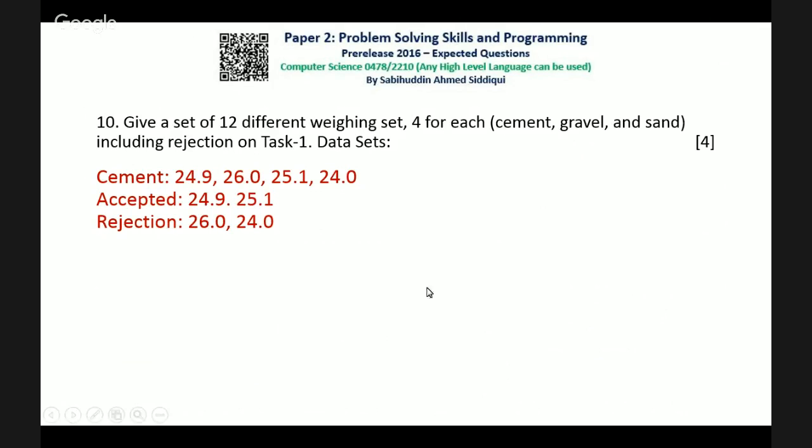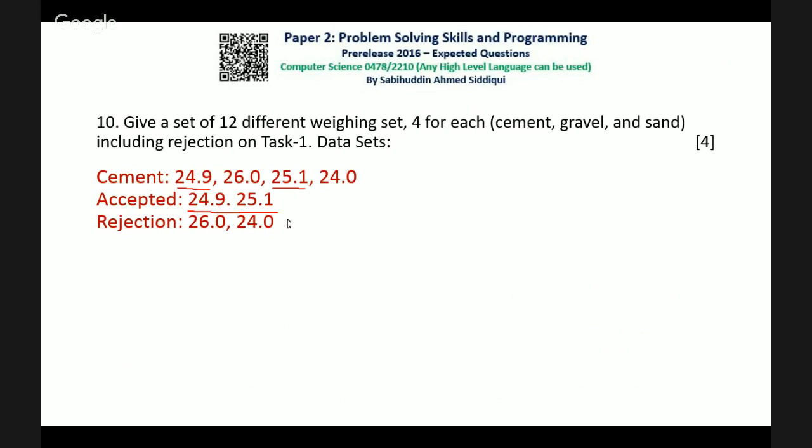So the correct ones will be, you will see that this is the correct one because this is under the range. So these are the correct and accepted range, 24.9 and 25.1, and the rejections are obviously 26.0 and 24, because the range does not meet the requirement that it should be 24.9.